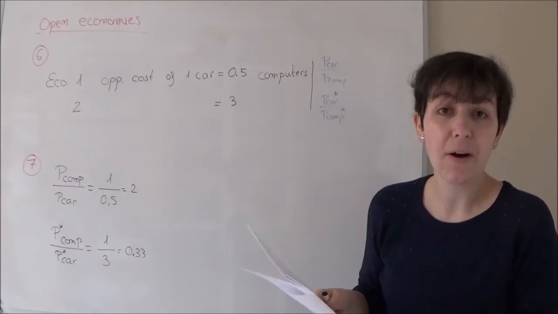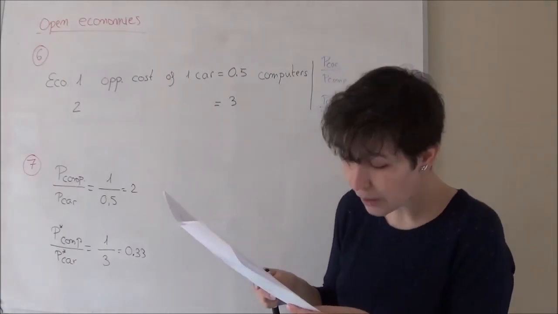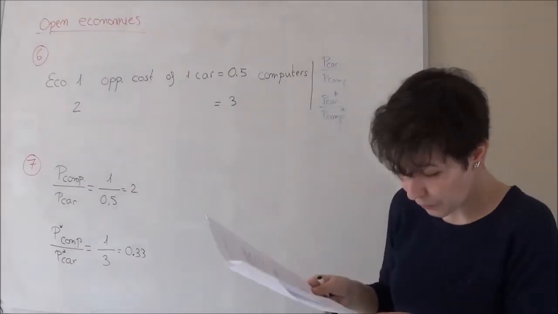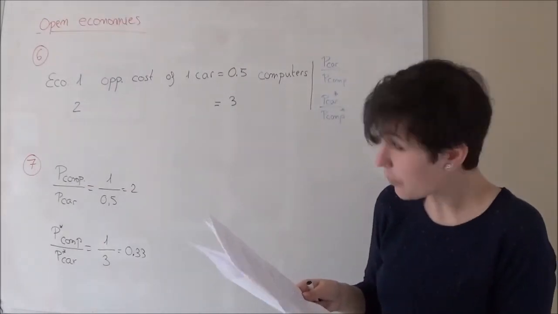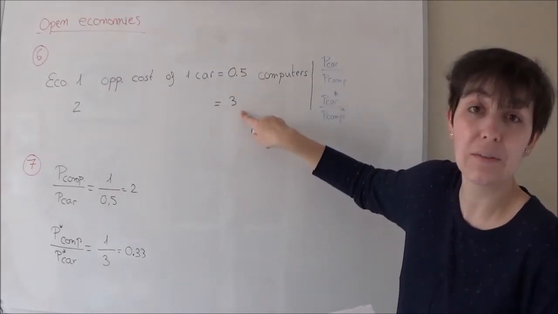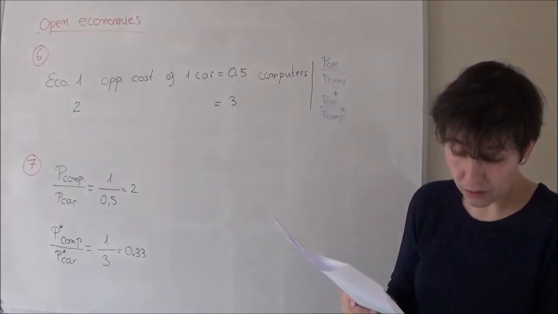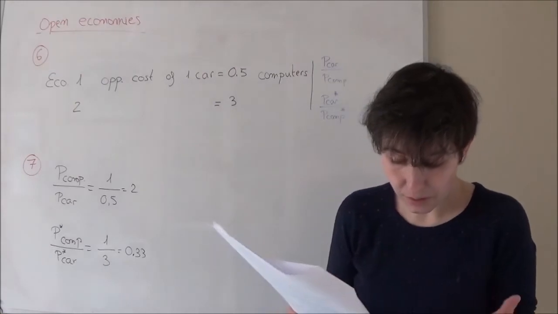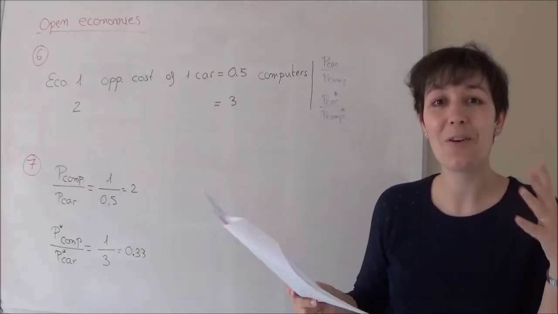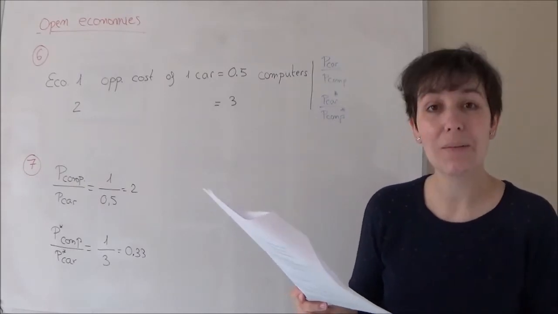B is the right answer because it's 0.75. It's a value between these two values. C is not possible because it's below this value, and D is higher than this value. So now we know that the relative price of a car can be 0.75.